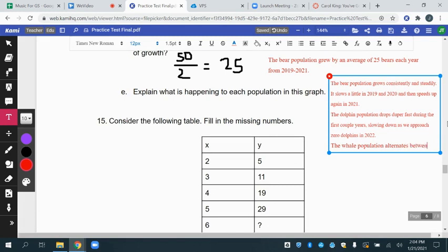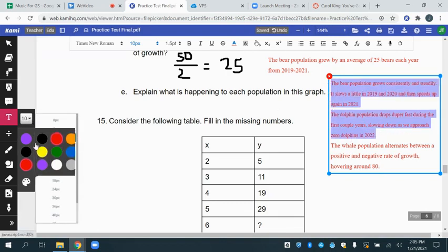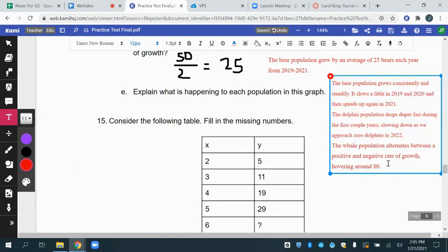Alternates between positive and negative rate of growth, hovering around 80. There, that'll work, right? This is like that 12 as well, I guess, or 11 or whatever that is. There. Now they all look about the same.